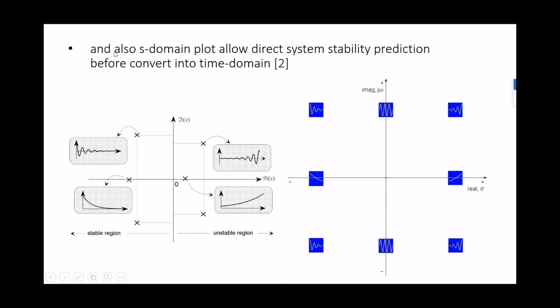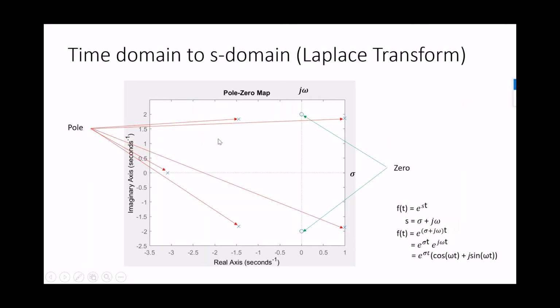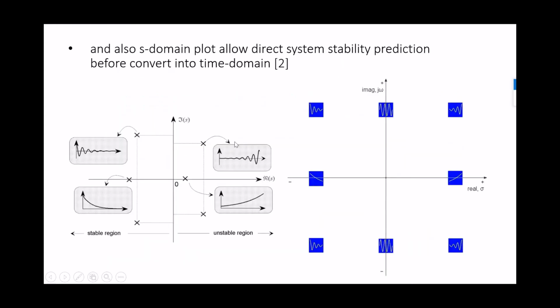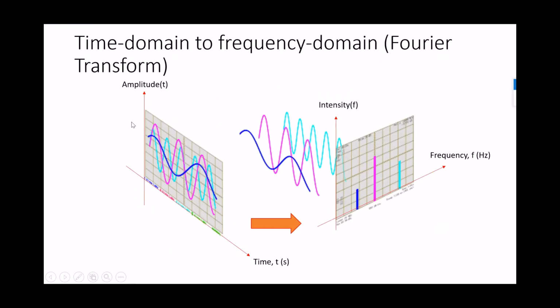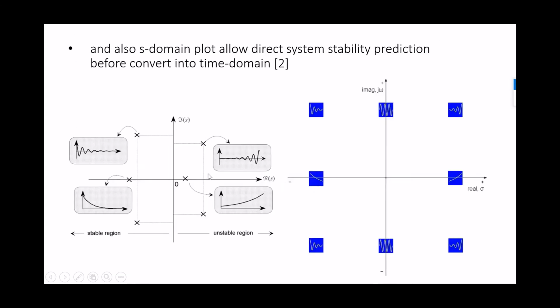The S domain plot also allows direct system stability prediction before converting back to the time domain. From this graph we can determine how the system will work. I shoot an input signal into the system, then I can predict the output. Let's say I have this pole here, the cross.